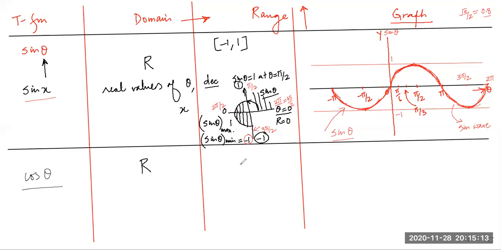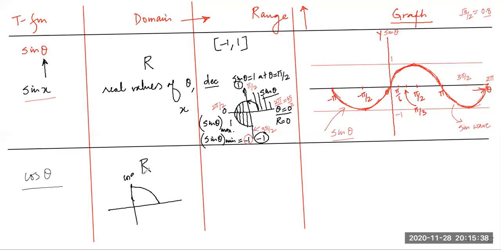And range, yes, range, cos 0. When we talk about cos 0 is what? Anyone? The base is maximum, cos 0 is 1. And cos 90 is 0.